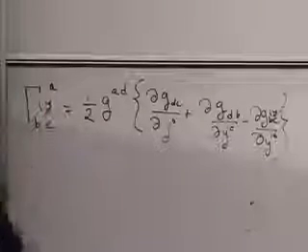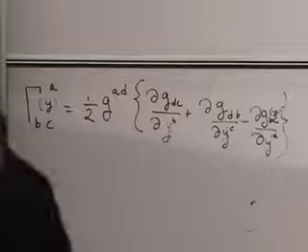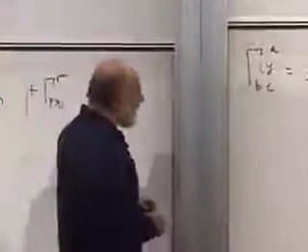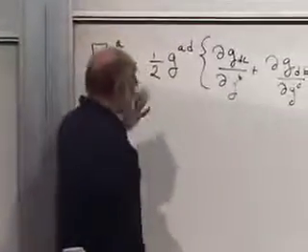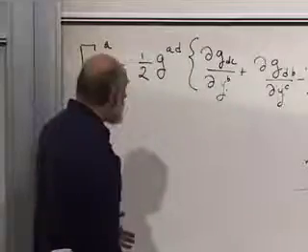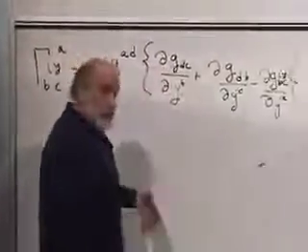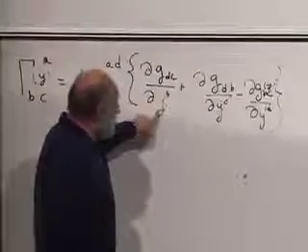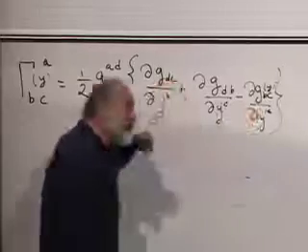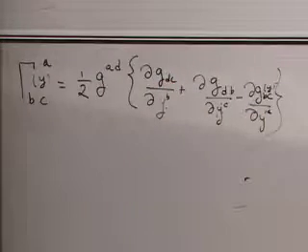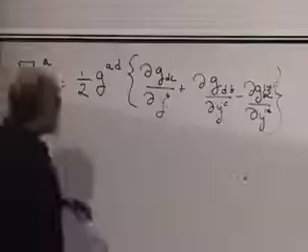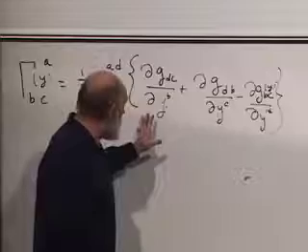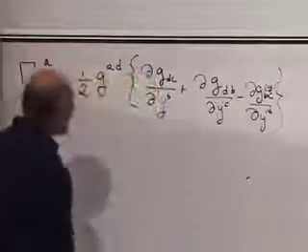Now, the Christoffel symbol itself is not a tensor. For example, one way to see that it's not a tensor is if we were in conventional Cartesian coordinates in flat space, the derivatives of g with respect to x coordinates are all 0. So this whole thing would be 0 in x coordinates. On the other hand, if we changed coordinates to some other kind of curvilinear coordinates, the g's would not be constant anymore, and the Christoffel symbol would not be 0.